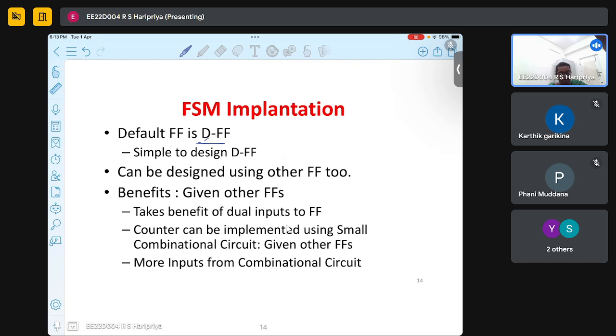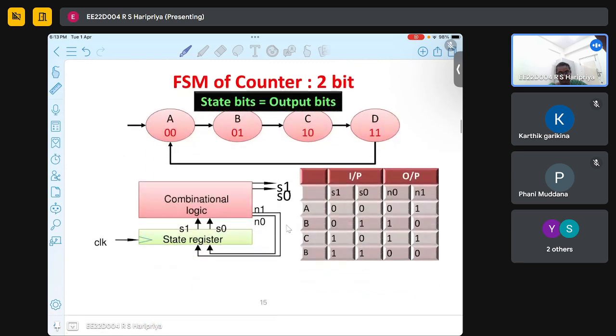And what are the benefits of the JK flip-flop? We have two inputs, dual inputs. Counters can be implemented using a smaller combinational circuit, whereas with other flip-flops we have more inputs from the combinational circuit.